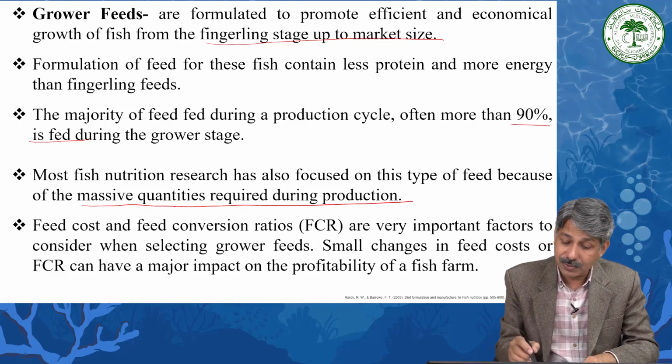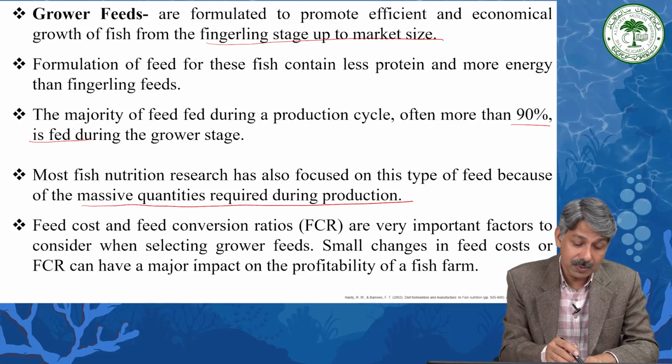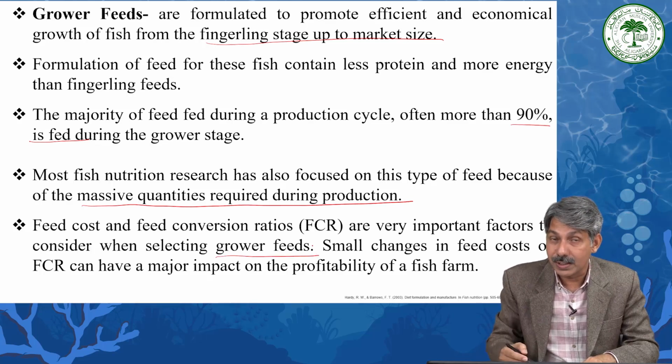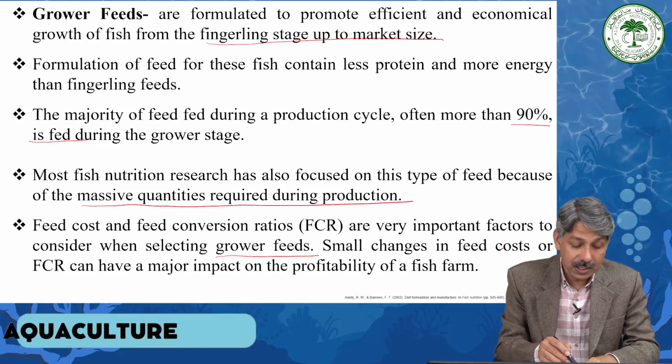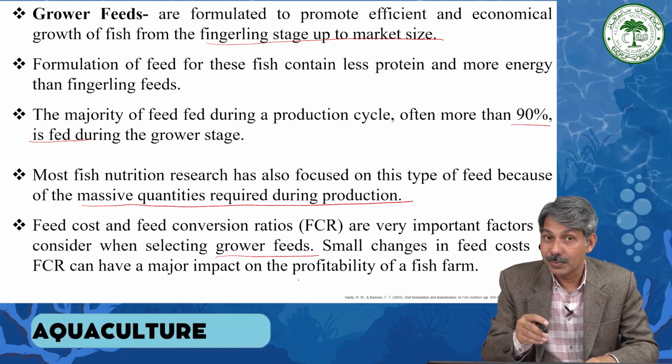Feed cost and feed conversion ratio are very important factors to consider when selecting grower feed because of the large quantity of feed requirement. Small changes in feed cost or FCR can have a major impact on the profitability of a fish farm.